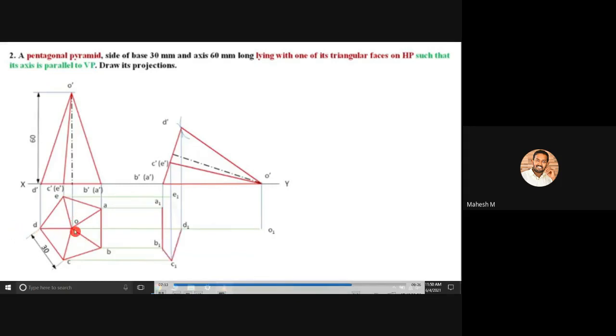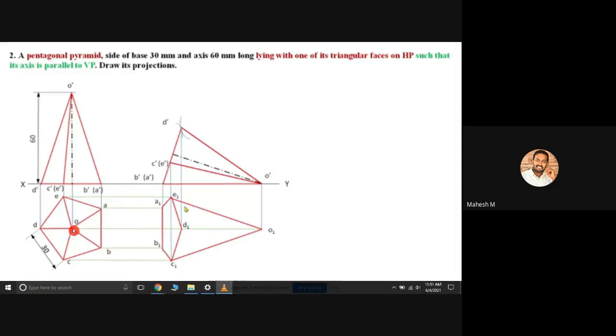and O to E and O to C. So these 3 slant edges can be joined with the dark line. So E to O is a dark line and D to O is a dark line and C to O is a dark line. But A to O and B to O are not visible if you're looking from left to right.